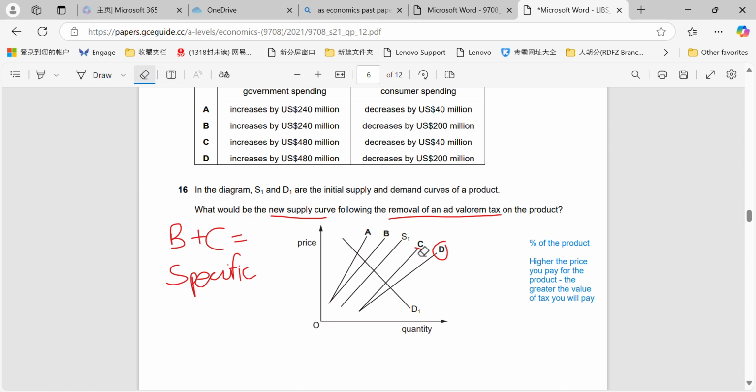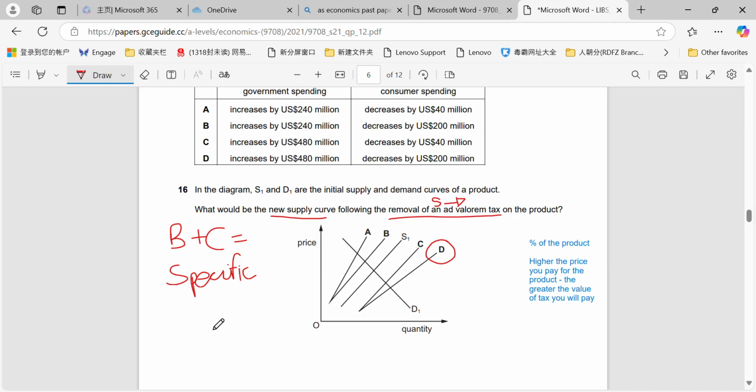Okay, so therefore, when we remove a tax, we know that the supply curve has to shift to the right. And if we're shifting to the right, all we have to do is identify which one would be the ad valorem tax, and that would be D, so that would be our only logical answer there.